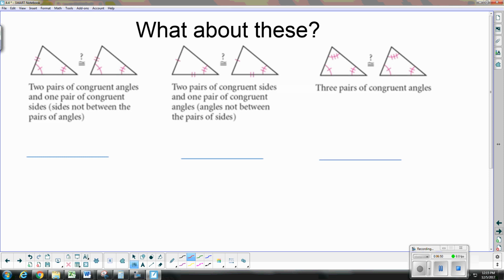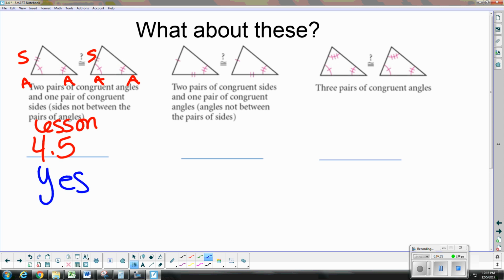All right, and then looking at the next page, if you turn your note sheet over, we've got 3 more. So what about these next 3? This first one, again, we're going to talk about in lesson 4.5, the next video. But if you have a side, an angle, and another angle congruent to a side, angle, and another angle, then yes, these triangles are congruent.